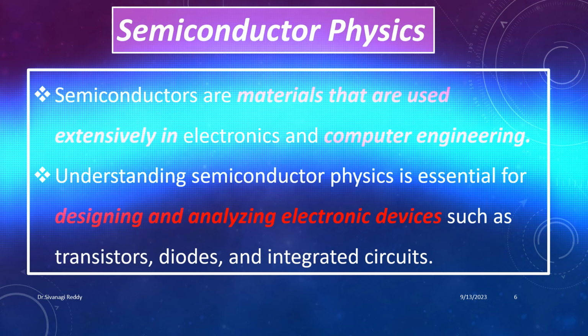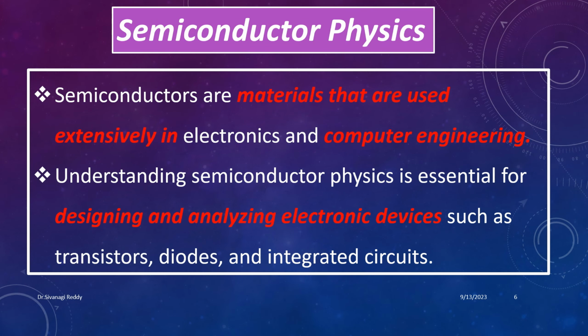Then semiconductors. Whenever we want to fabricate ICs, transistors, and diodes, which are an integral part of our electronic boards used in computer hardware, they are made from materials called semiconductors. Materials, based on their electrical properties, can be classified as conductors, semiconductors, and insulators.